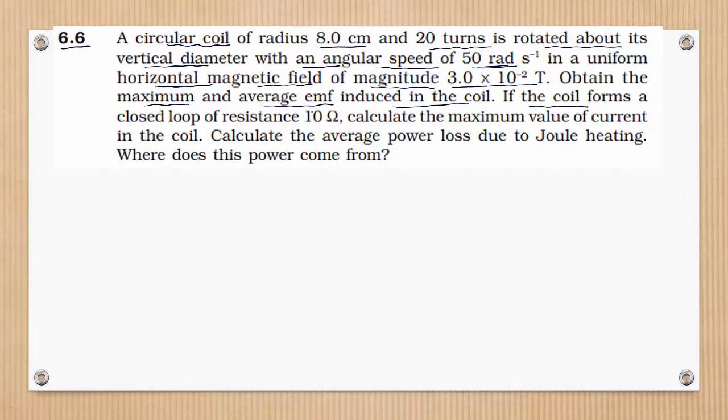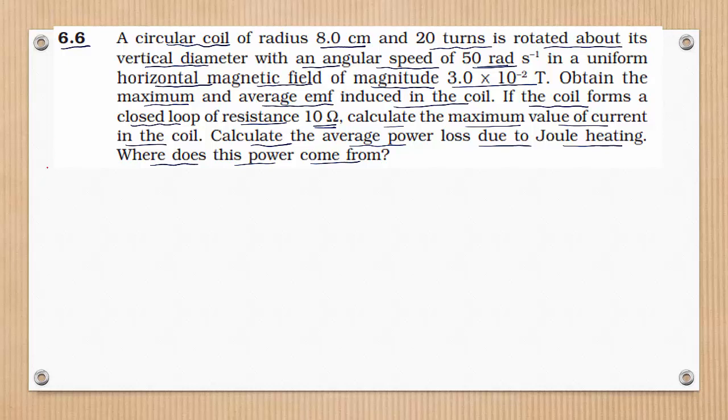If the coil forms a closed loop of resistance 10 ohm, calculate the maximum value of current in the coil. Calculate the average power loss due to Joule heating. Where does this power come from? We have to find maximum EMF, average EMF, maximum current, then average power loss, and at last, where this power comes from.